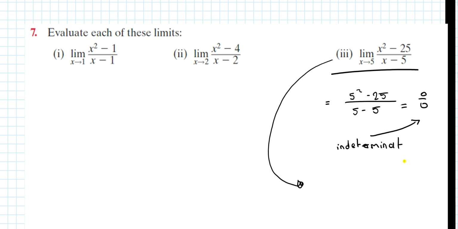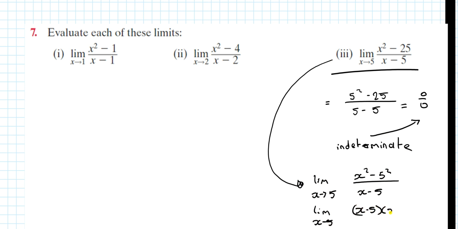So there's either some form of simplification that I can do, or I can multiply top and bottom by 1 over the highest power. So I'd be going 1 over x squared, 1 over x squared, and then applying the limit. But you might actually spot that there is some form of simplification that I can do, because that top line is the difference of 2 squares. So it's x squared minus 5 squared over x minus 5. So that's the limit as x goes to 5 of x minus 5, x plus 5 over x minus 5.